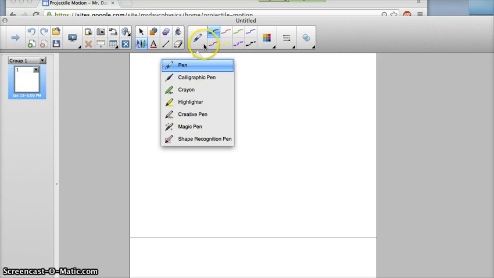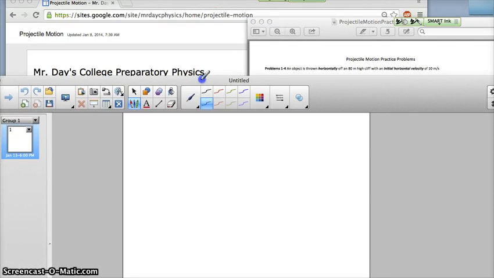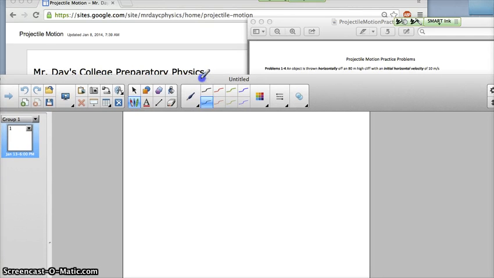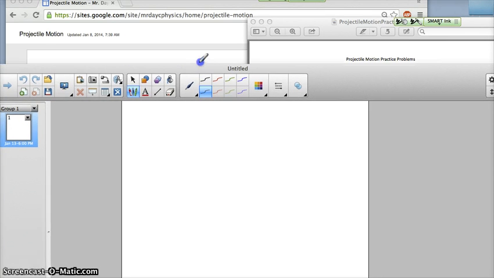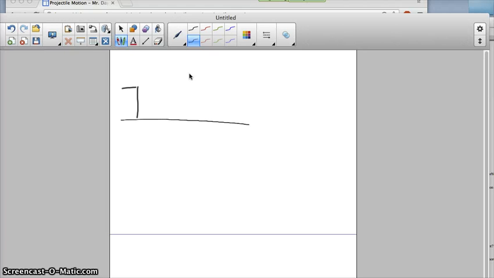80-meter cliff, and what was the other thing? 80-meter cliff, initial horizontal velocity of 10 meters per second. Okay, so let's see. I can draw my cliff. And this is supposed to be 80 meters tall. So this is 80 meters.